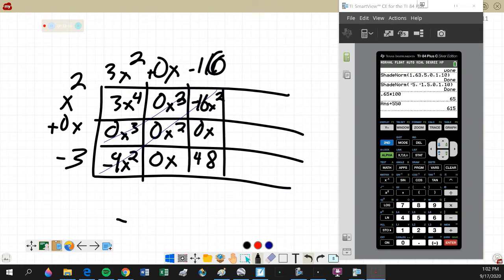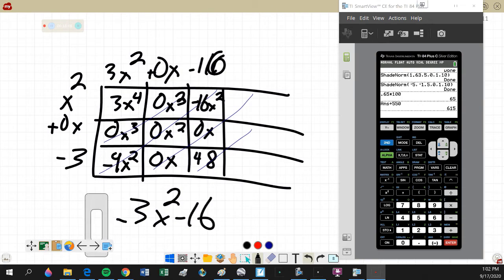And then those need to add up to be 0. They already do. And those two need to add up to be 48, and it already does. So the answer is just 3x squared minus 16. That one wasn't too bad. Yeah, it's a 16.